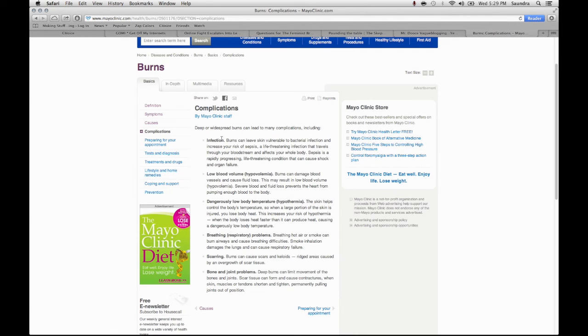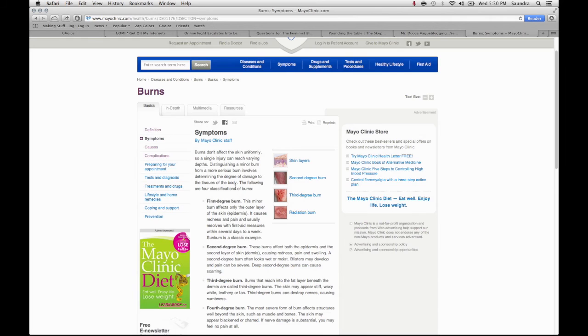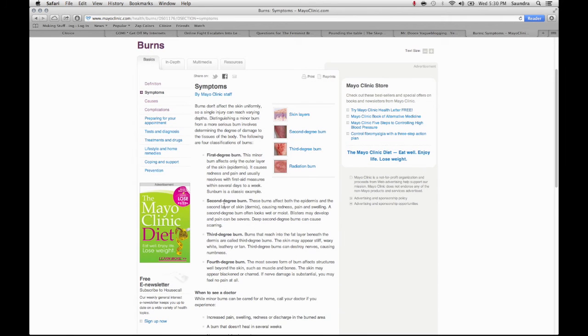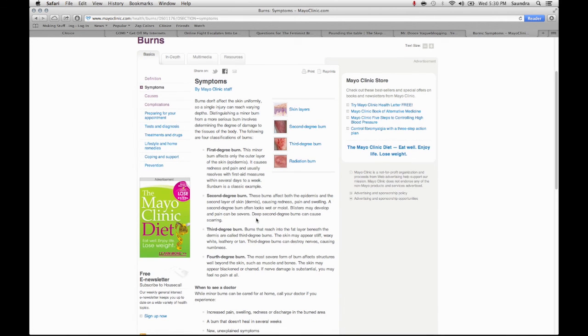You know the symptoms, that there's first-degree burns, second-degree burns, third-degree burns, as well as fourth-degree burns, which are the most severe of all the burns. And then there's radiation burns, as well as all sorts of other kinds of burns, like sunburns.